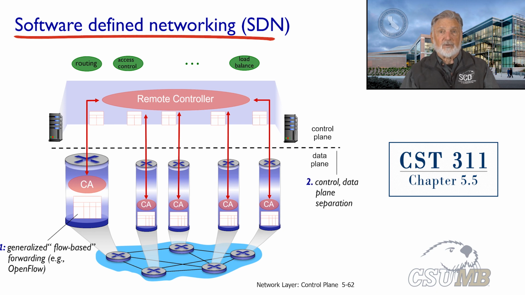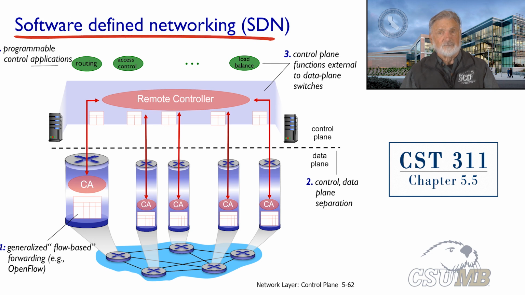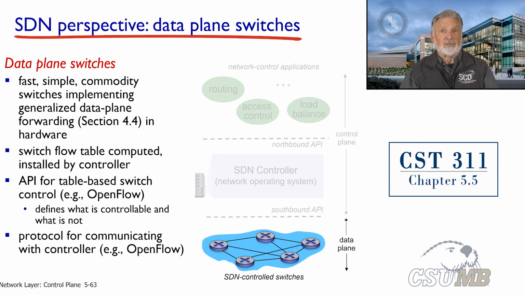The separation of the control plane and the data plane in the SDN allows for generalized flow-based forwarding that facilitates better traffic engineering. The control plane functions are now external to the data plane switches, as are other network control applications, such as access control and load balancing. With SDN, the data plane switches are simpler.